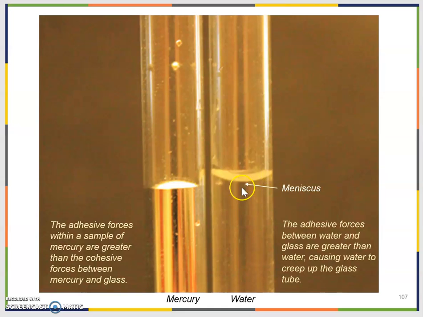And what this forms is the meniscus. That's why we always take readings at the bottom of the dip, because these adhesive forces can change depending on how clean the glass is, whether there's surface problems with it. It's less repeatable than where the meniscus falls, and harder to read.